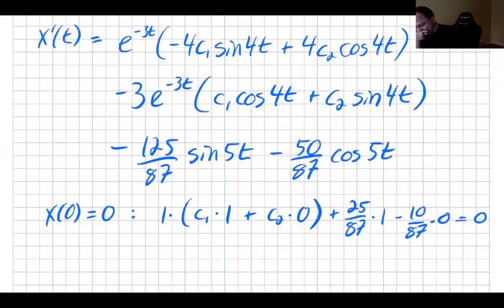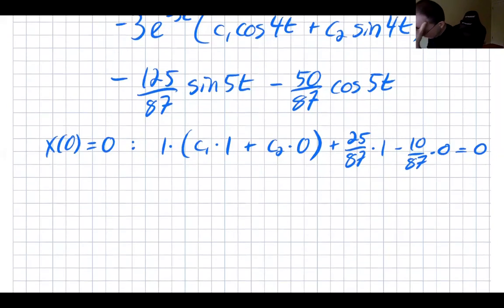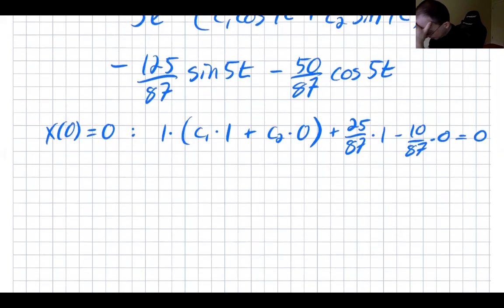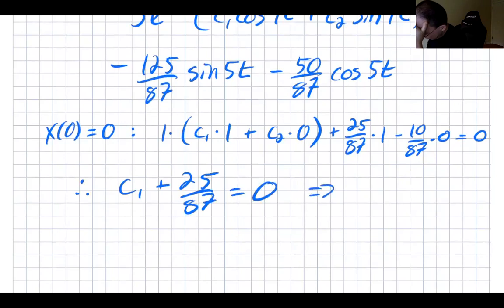So now what does this tell us? Therefore, c1 plus 25 over 87 is equal to 0. So therefore, c1 is equal to negative 25 over 87.